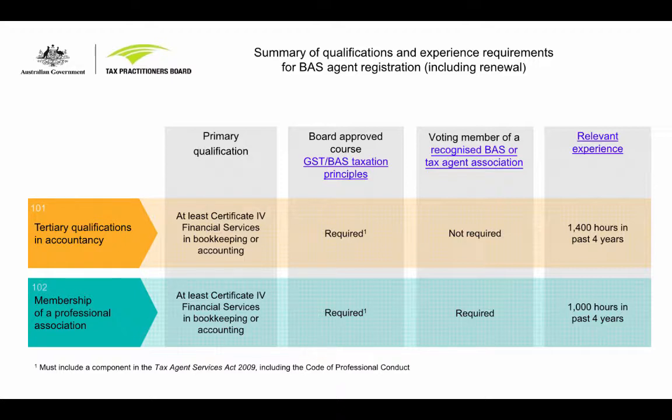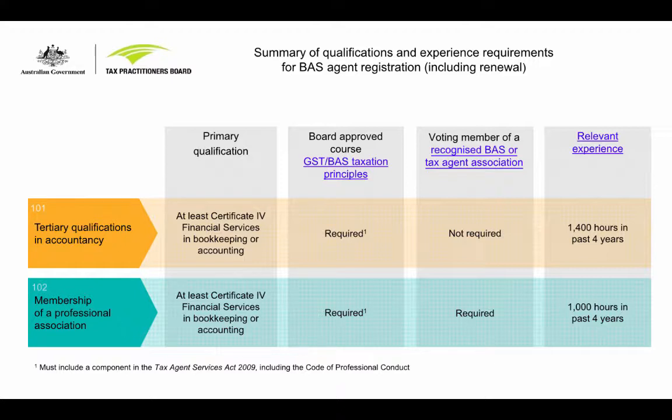Whereas if you are already a member of a professional association such as the IPA, then your relevant experience is reduced a little bit. You don't need the full 1,400 hours. 1,000 hours is enough to satisfy the TPB's requirements in the past 4 years. But as for the rest of the requirements, they're the same.